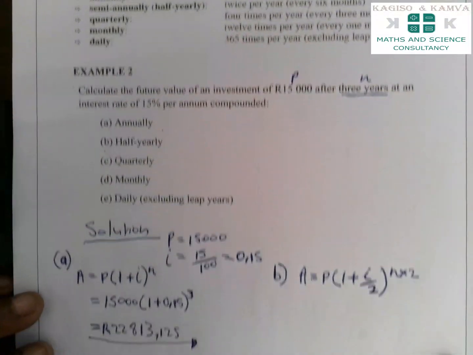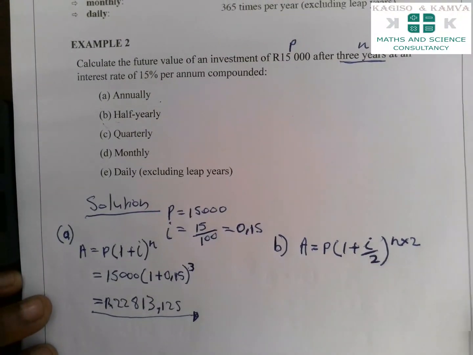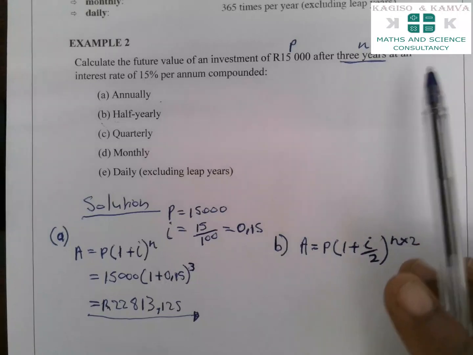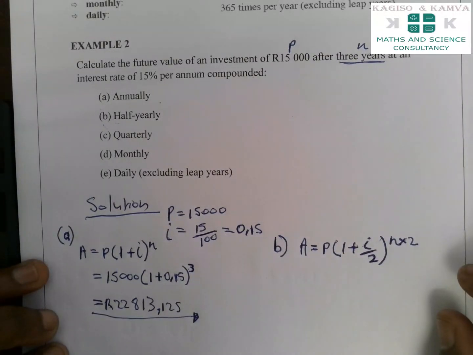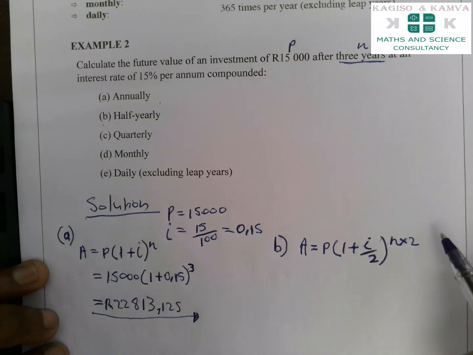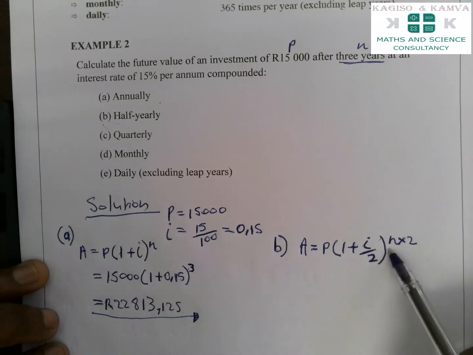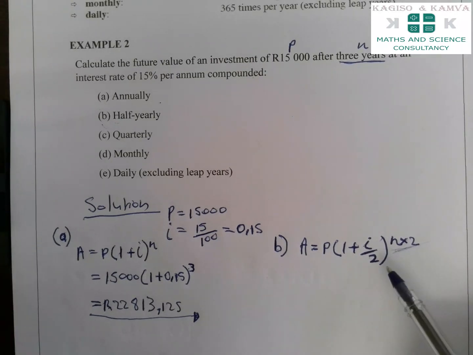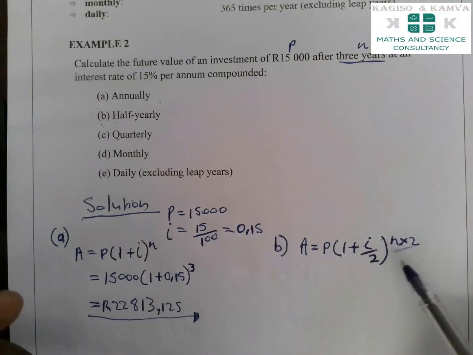So how many periods are we going to have in 3 years? Two halves, meaning we are going to have 6 periods of interest, because in a year we have 2 periods.